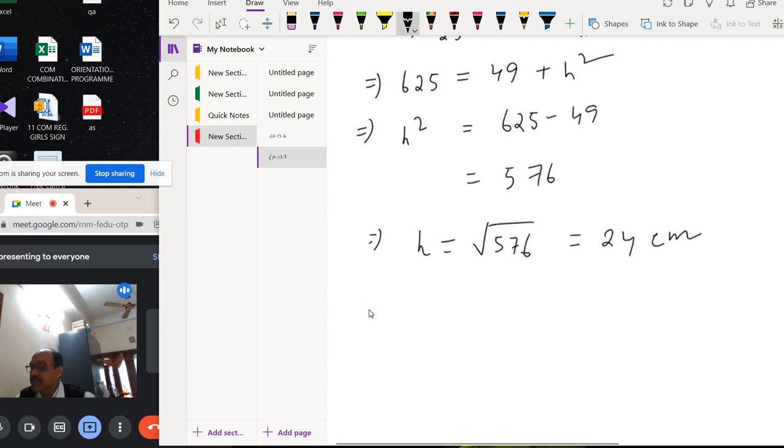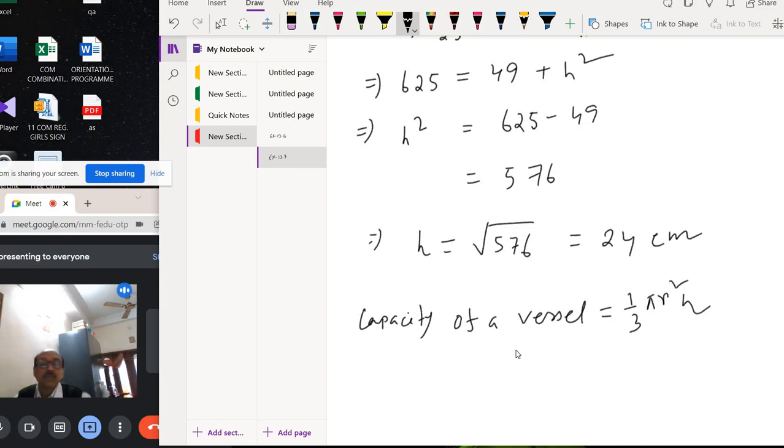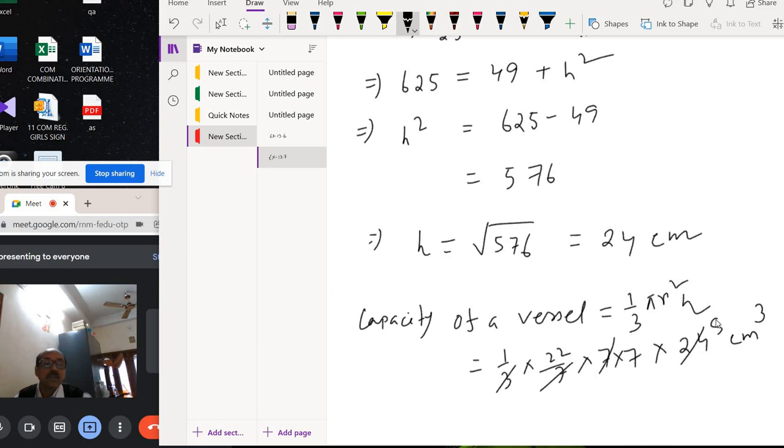So capacity equals 1/3 pi r square h, equals 1/3 into 22 by 7 into 7 into 7 into 24 centimeter cube. 7 cancels with 7, and 3 eights are 24.